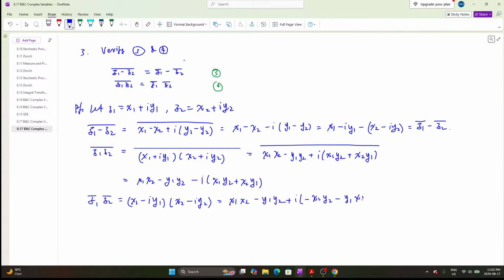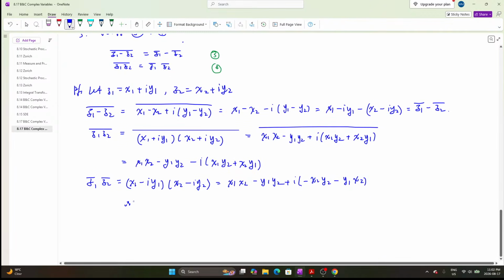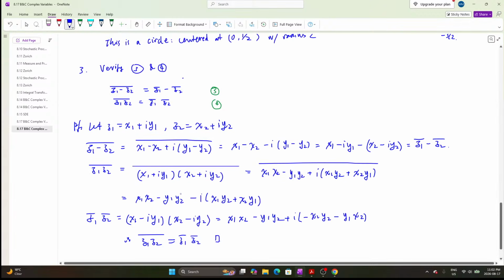And so this is exactly the same. Therefore, you have the proof of 4. This is exactly the same as the left-hand side, so you can write the conjugate of z1 z2 equals z1 conjugate times z2 conjugate, as needed. So question 3 is done.